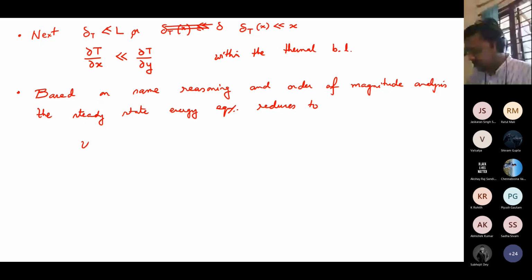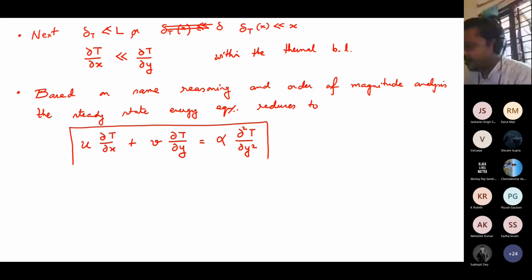At steady state the transient terms go away, and what you have is u del T del x plus v del T del y is equal to k over rho Cp, which is alpha, del squared T del y squared. Of course, q triple prime is equal to 0.